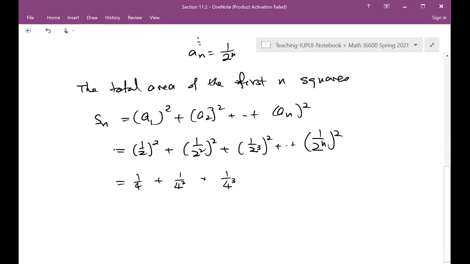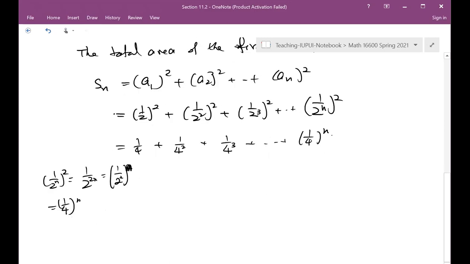Okay, you know why? Because in general, (2 to the n) squared is going to be 2 to the 2n, which is going to be 4 to the n. Okay, so that's why it's going to be 1/4 to the nth power. So the general term is 1/4 to the nth power.